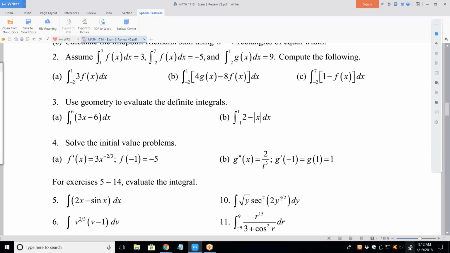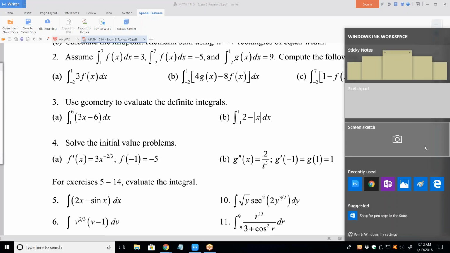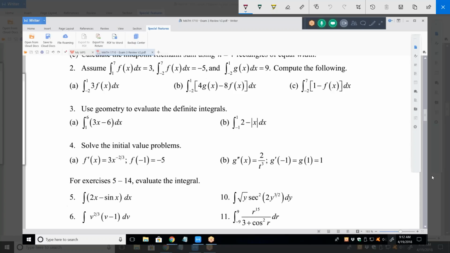So again, on all of these, what can I do here on B? Can you just take the number from A and plug it in for f of... No. Here's a key thing with integrals.